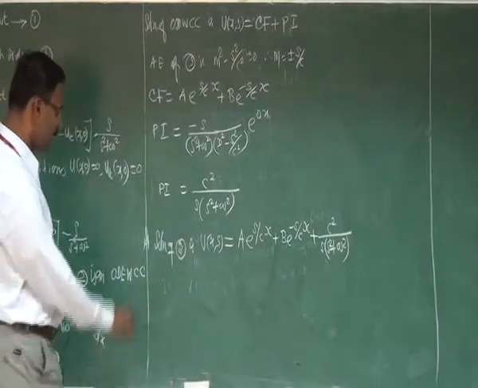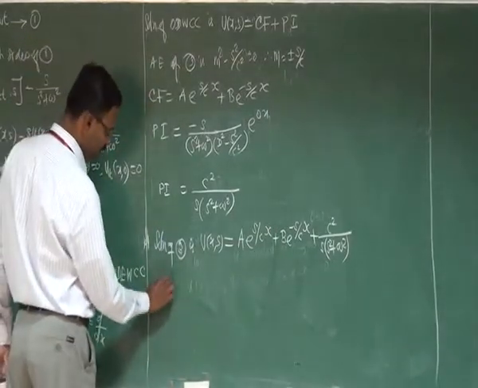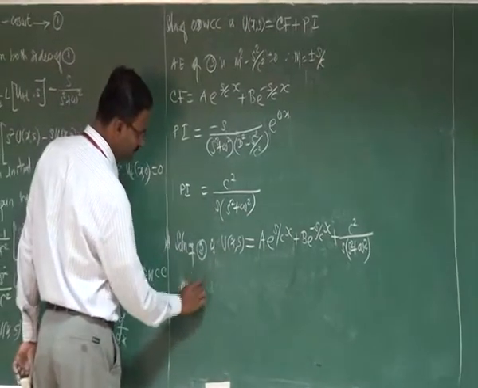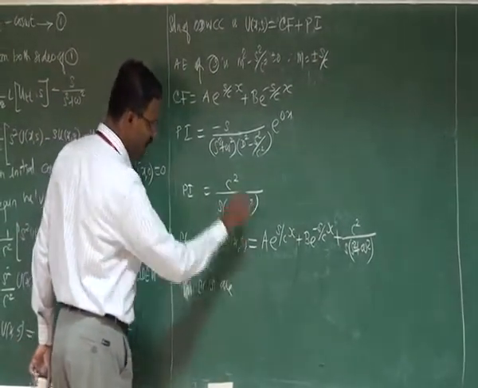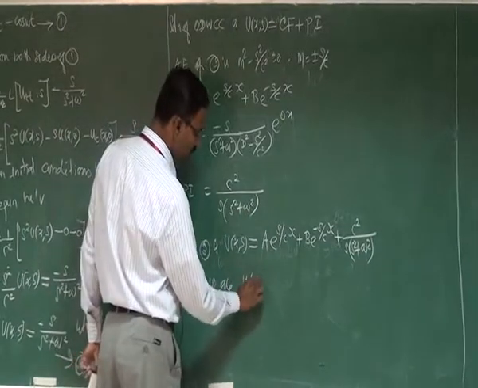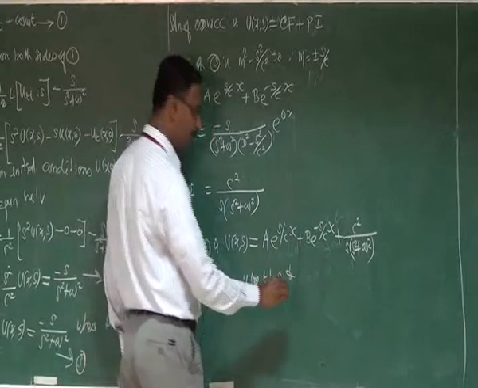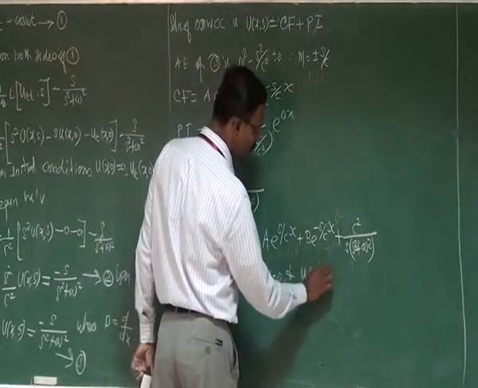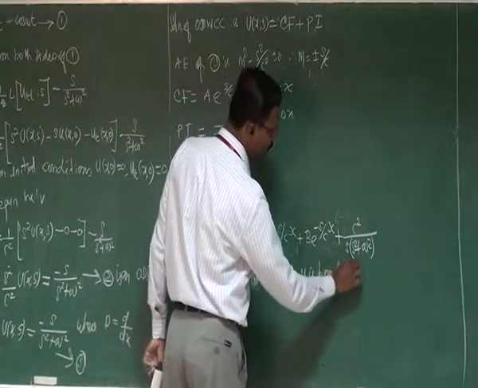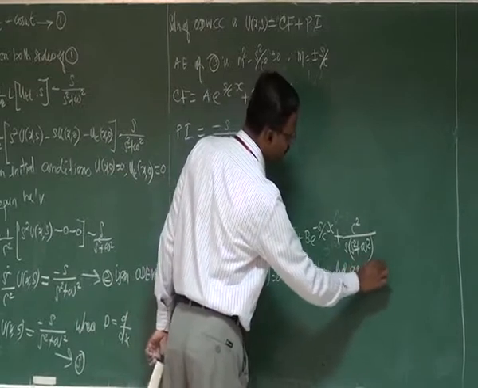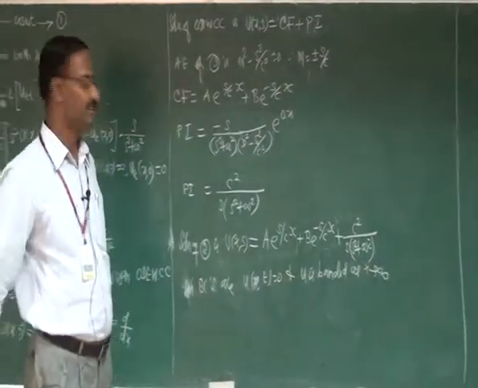Now, as you know, the given boundary conditions are u of 0 comma t is equal to 0 and u is bounded as x tends to infinity.